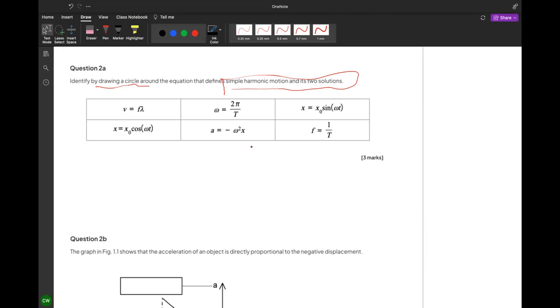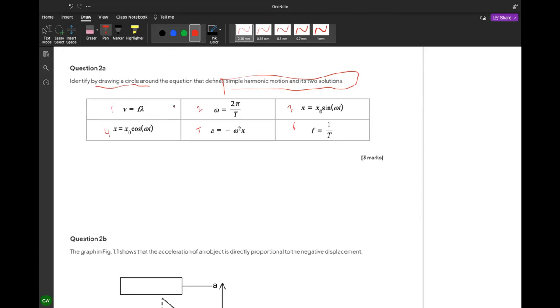Which one shall we circle? 1, 2, 3, 4, 5, 6.